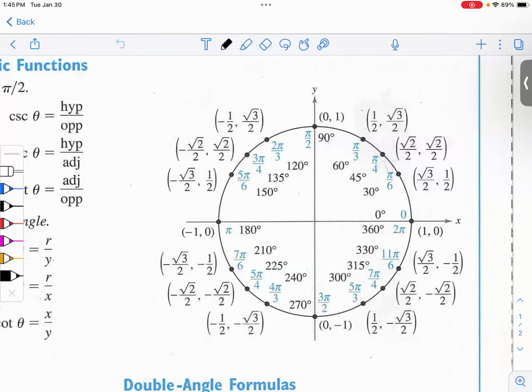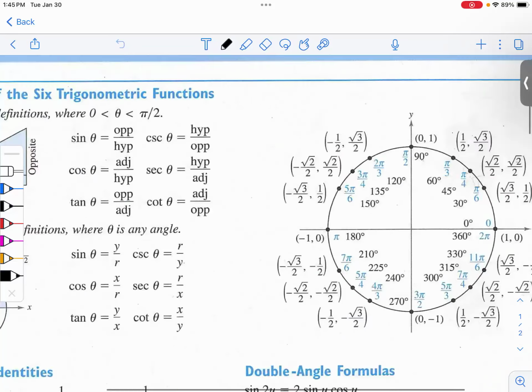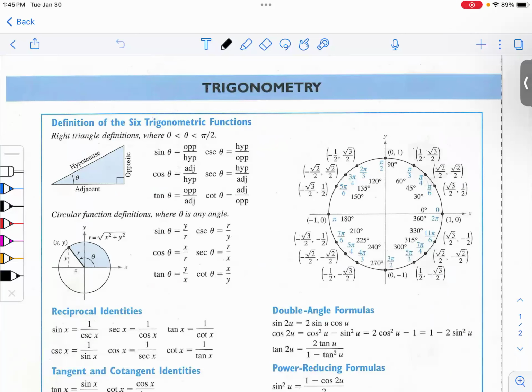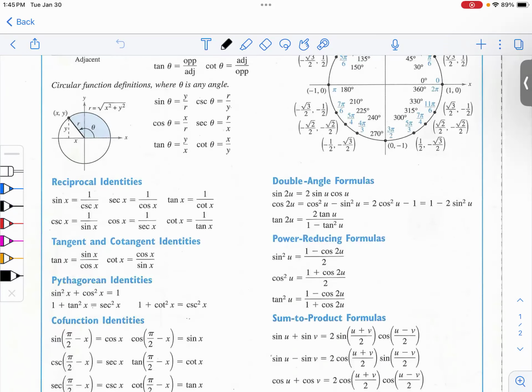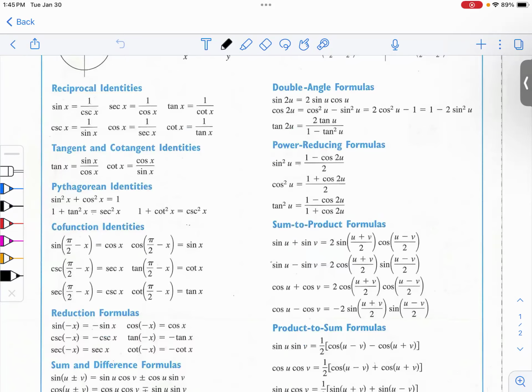And this is by far the best starting cheat sheet that you can have. I mean, what have we done so far? There's SOHCAHTOA, and this is what we're doing today. There's all our reciprocal identities, there's our quotient identities, there's our Pythagorean identities. Oh, this is CAST.